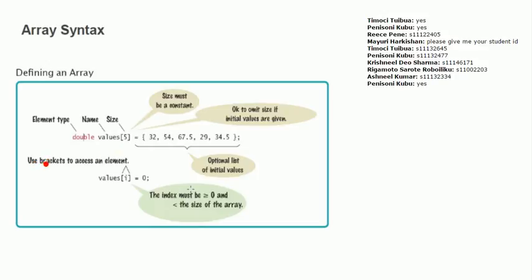So use brackets to access an element. Use square brackets, okay? So if you want to access any value from here, you want to assign a value, you use the name of the array, and in square brackets you have the number, the index of the array. So for this array, what is the range of the indexes you can use?